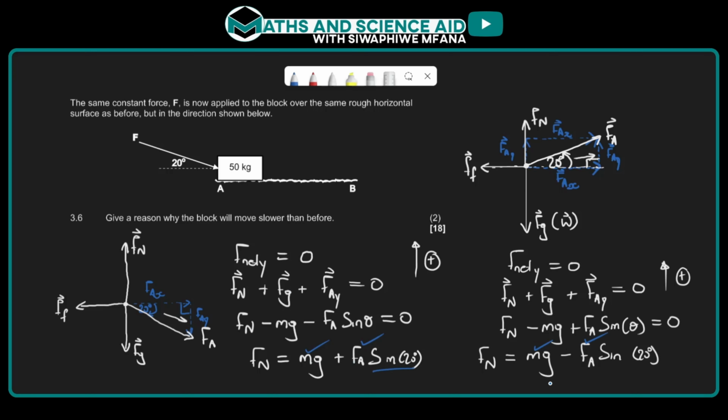And then sine of 20 is also the same in both of them, but the only difference is that in this scenario, we are adding this y component of the applied force, whereas this time around we are subtracting it. So it means that this normal force here is going to be greater than this normal force. So the normal force of this scenario is bigger in magnitude compared to the normal force of the first scenario.